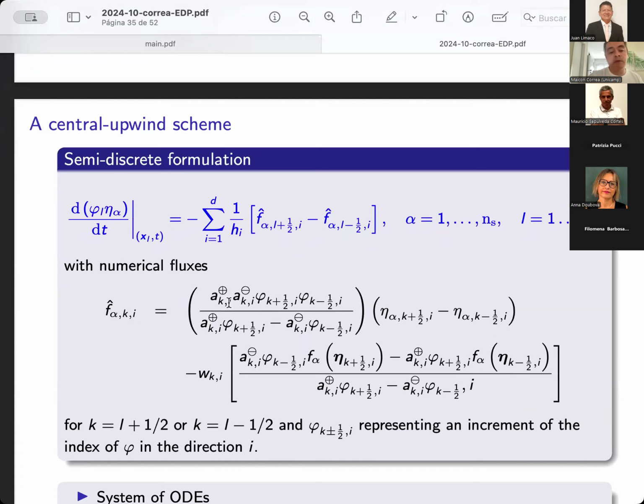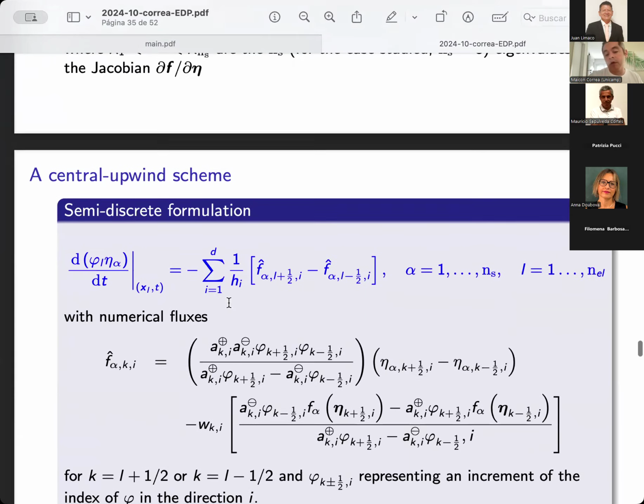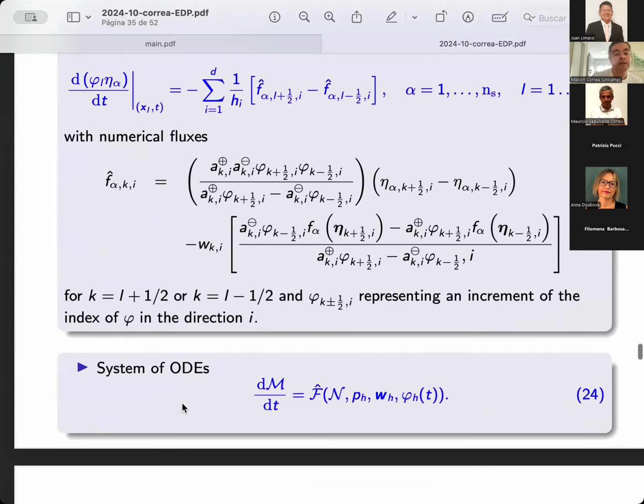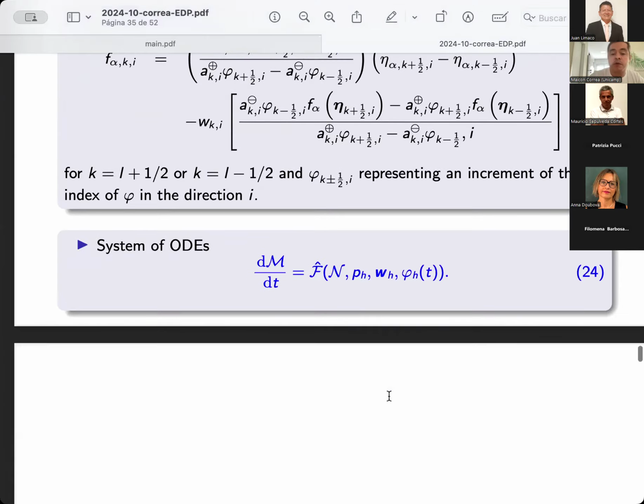They depend on the velocities, the porosities, and the information of the concentrations. And if you just update these fluxes, you have in the end a system of ODEs, and you can integrate in time using your preferred method. Here we use the Runge-Kutta method, but in the end, the formulation is pretty simple, but it's powerful. It's a powerful formulation for the transport.